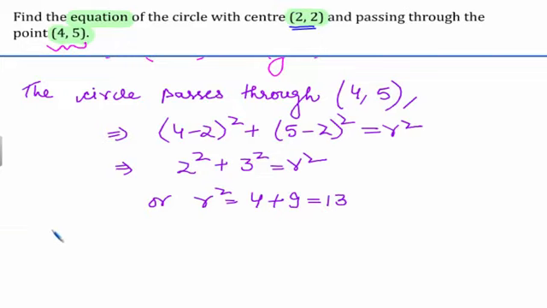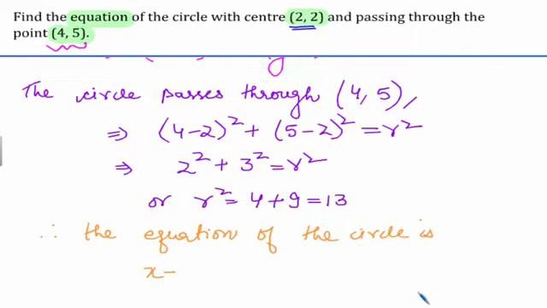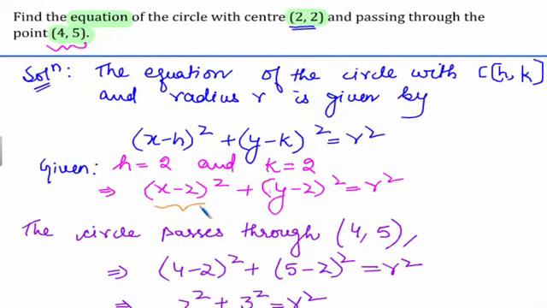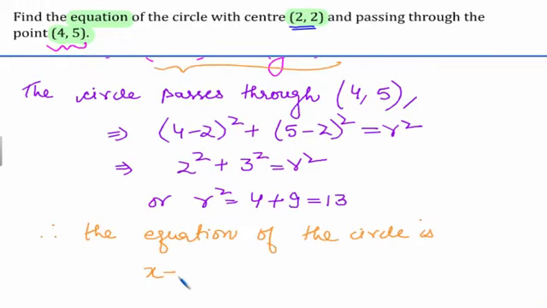Therefore, the equation of the circle is (x minus 2) whole square plus (y minus 2) whole square is equal to r square, and r square is 13.